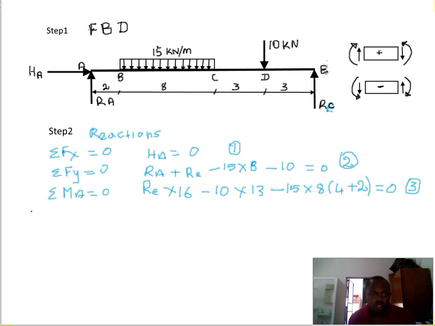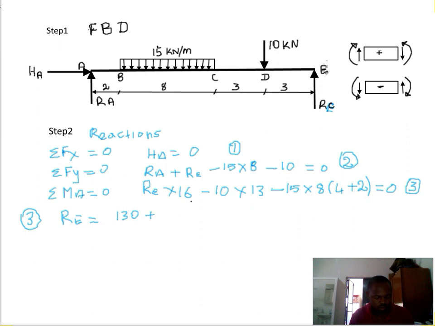So equation 3, RE is equal to 10 times 13, which gives us 130, plus 15 times 8 times 6.